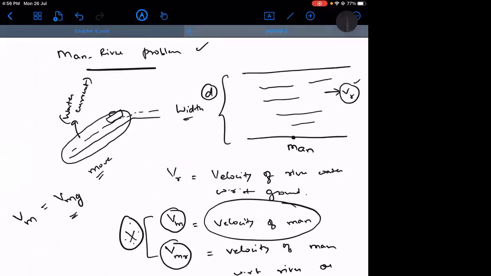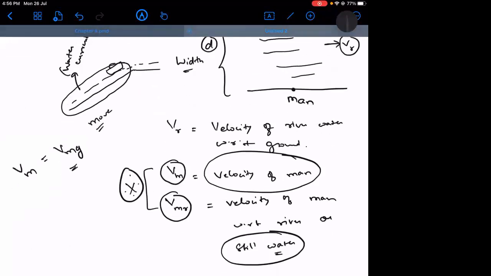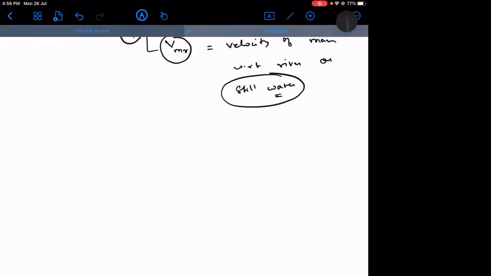Guys, now I'm going to tell you an important point. Listen to this carefully. This is velocity of river.